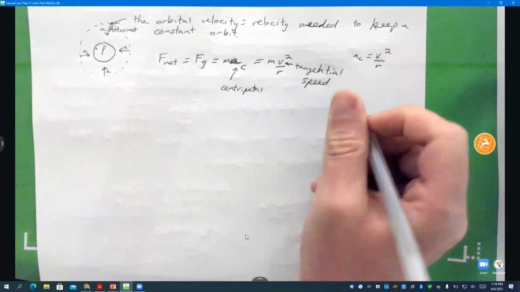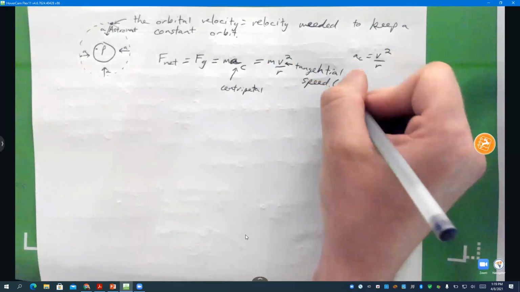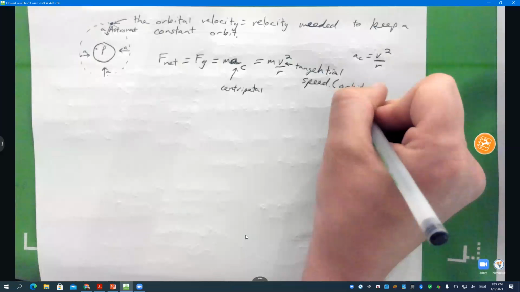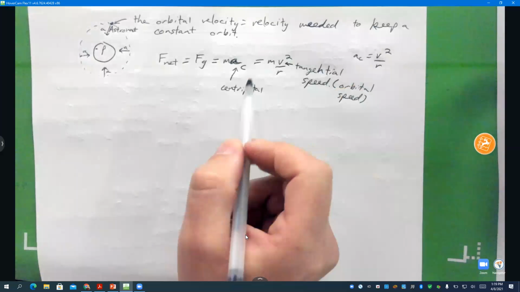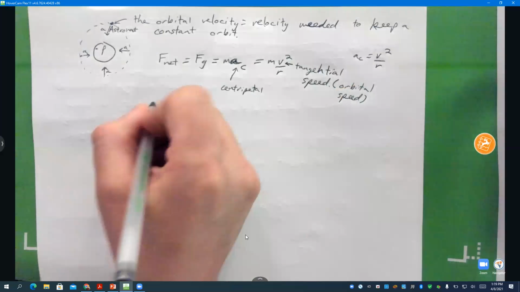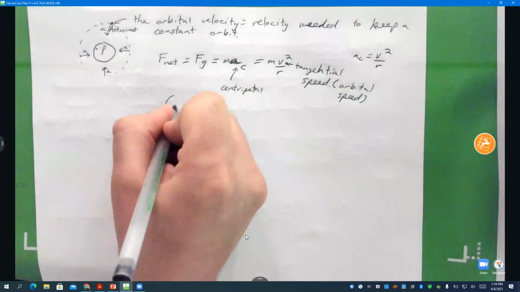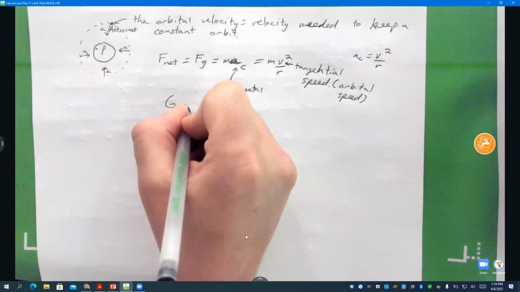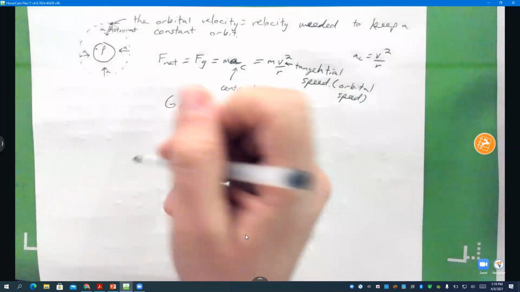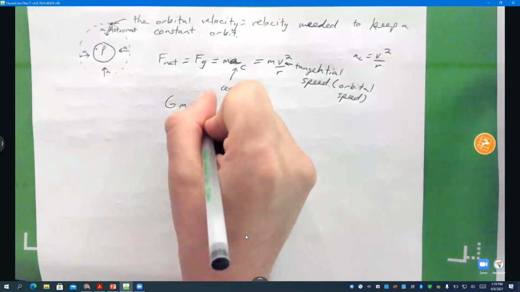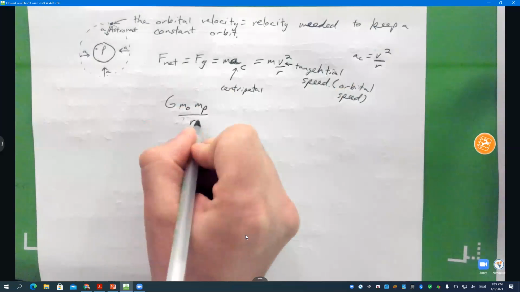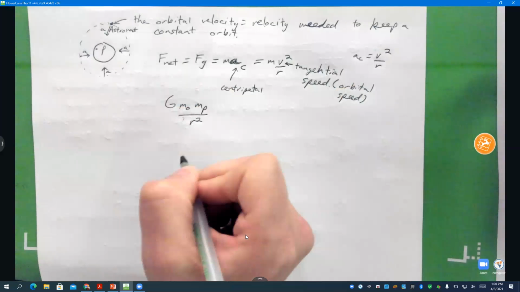Which, if you're trying to keep something in orbit, is going to be the orbital speed. Okay, so we've got this, but we can rewrite Fg as G times the mass of the object, in this case the astronaut, times the mass of the planet, divided by r squared.